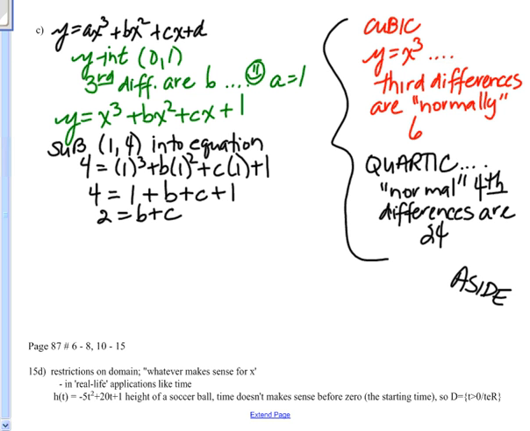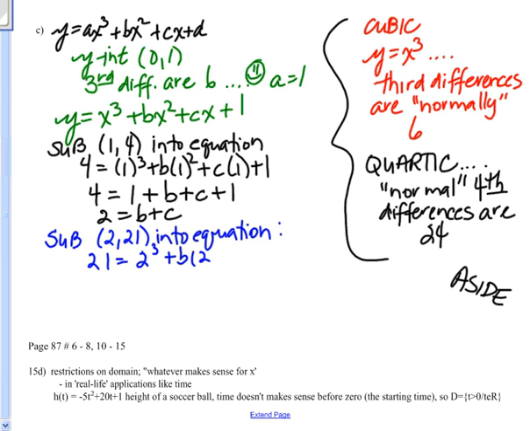That's not entirely what I wanted. So I'm going to do it again. I am going to substitute a different point and see what happens. Let's do 2, 21. So 21 equals 2 cubed plus b times 2 squared plus c times 2 plus 1.